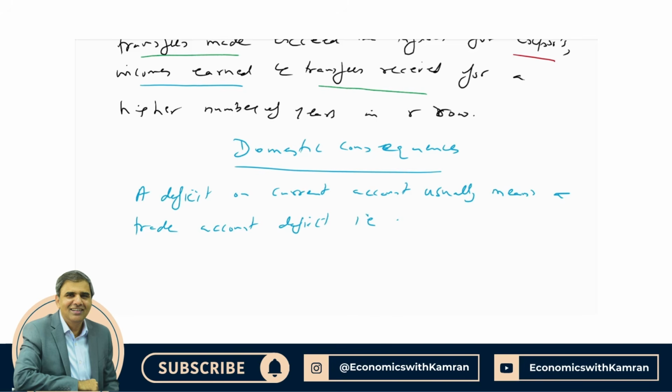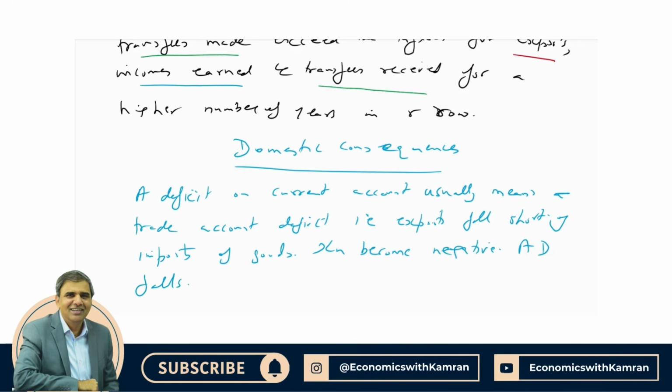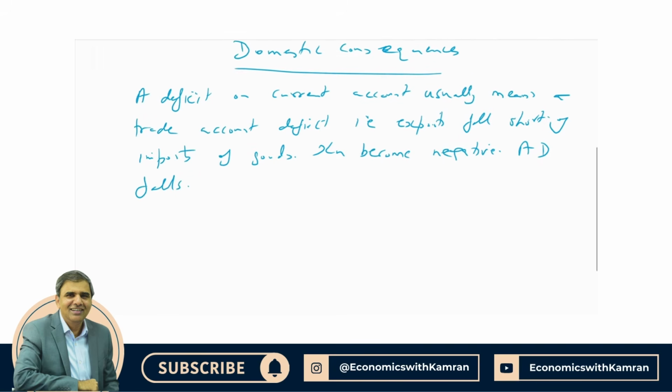That is, exports of goods fall short of imports of goods. Net exports become negative. AD falls, since net exports are a part of AD, and when they become negative, AD falls.